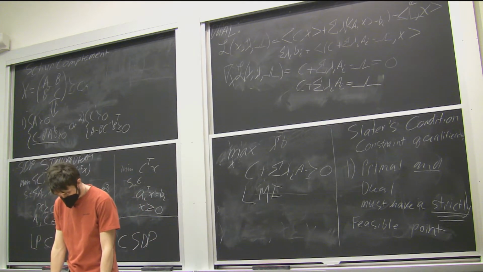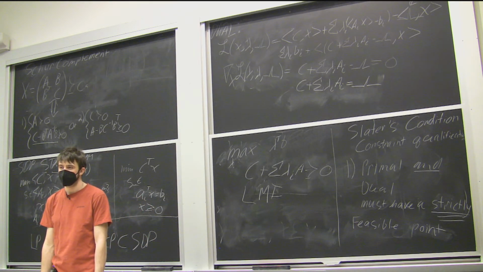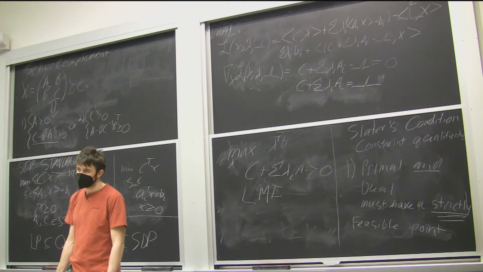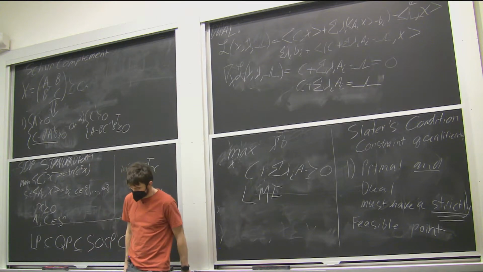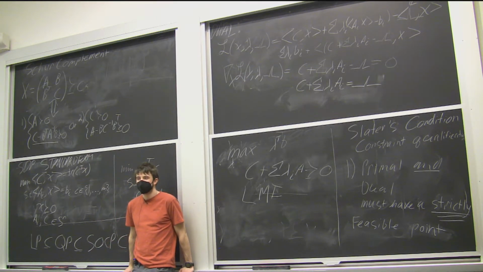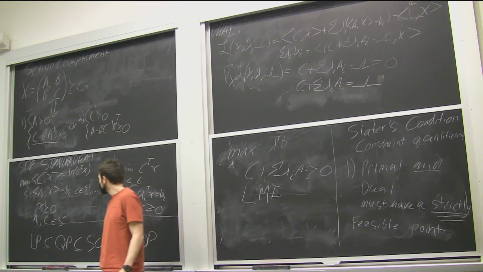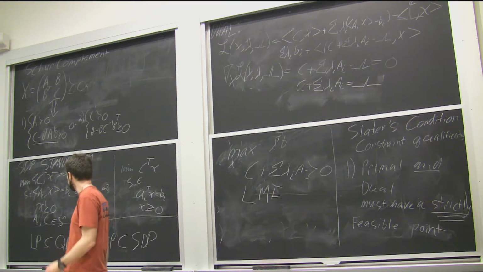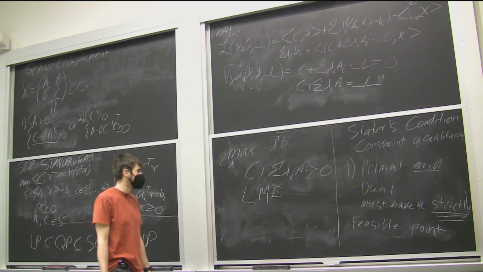Does this also tell us something about how to recover the solutions? This hidden variable here is x, and it's lambda here. So the question is, if you solve one of these problems, can you recover the solution of the other?